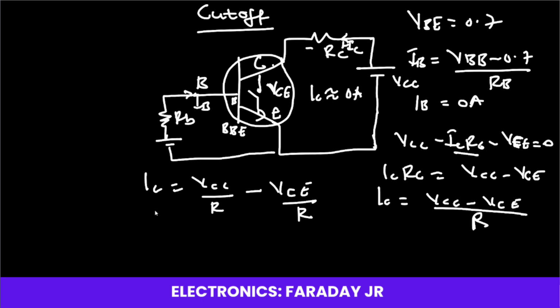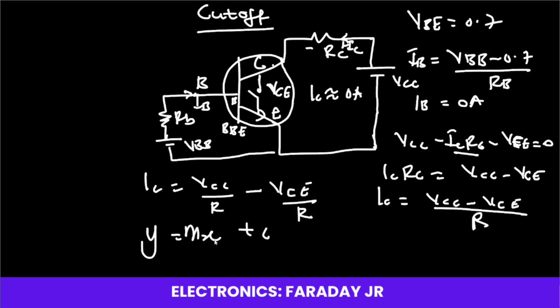So now let's arrange this one. IC is the same as Y, which is equal to MX, the equation of a line, plus C. We assume that VCC is constant while we are varying the value of VBB. At this point, VBB is giving us 0 volts, which in turn gives us a current IB equal to 0.